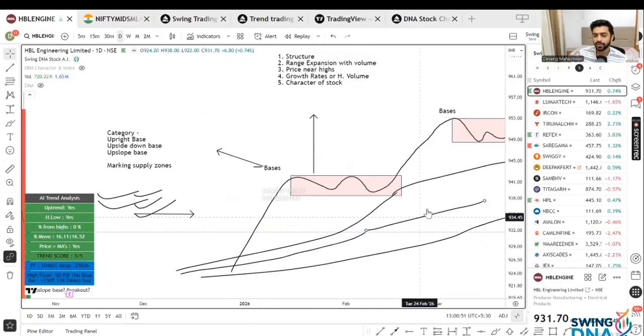So in an uptrend, you are in a consolidation. You have a price expansion with volume, and that expansion with volume is near these highs, preferably within 25-26%. If it's deep, then you can skip. The chances will be less. Once it is near the highs, 1-2 further things can help in better selection.